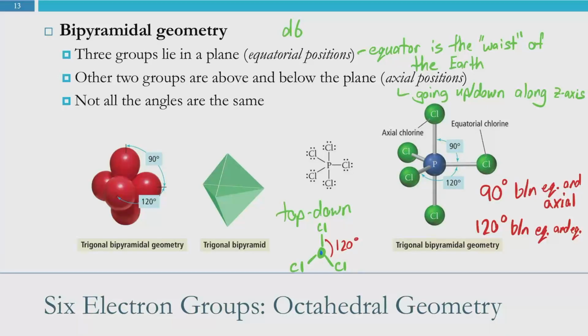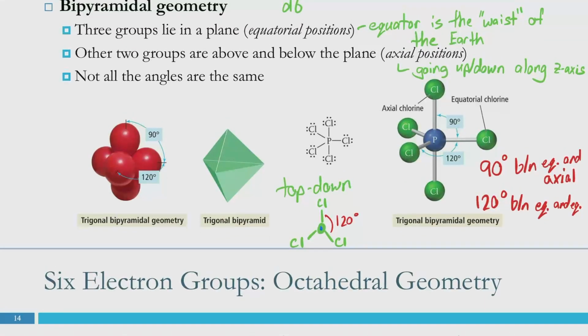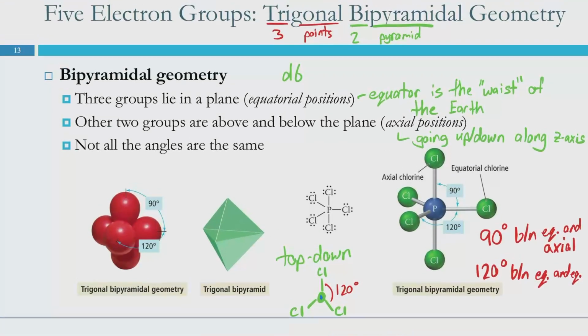So the ones that are flat around the sides. And that's our 5 electron groups.